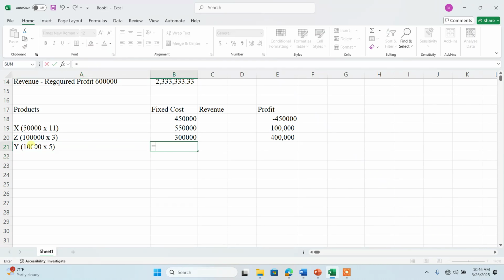So this is the contribution of the Y, sorry. Now the cumulative profit at this particular point, I have contribution of the X, Y, and Z, and then, my dear, minus the fixed cost.